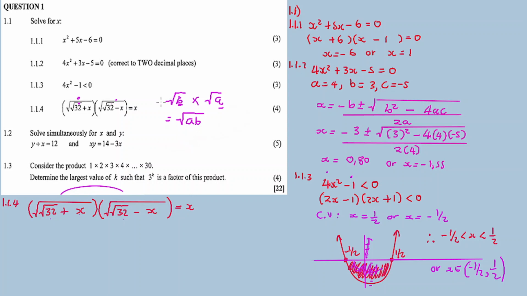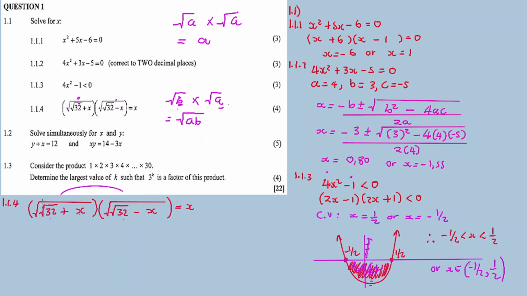You just take the square root and multiply out the bases under the square root. But if you multiply square roots and the bases are the same, the answer is square root a times square root a, which is a. But if the bases are not the same, you have to multiply them out again.